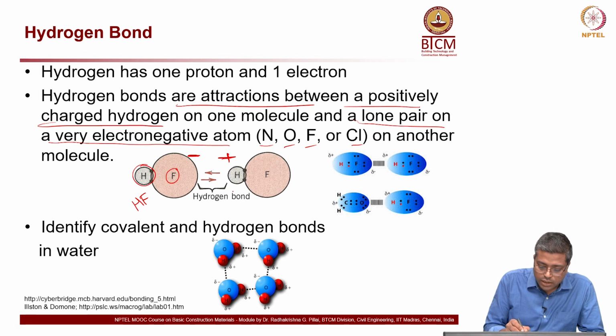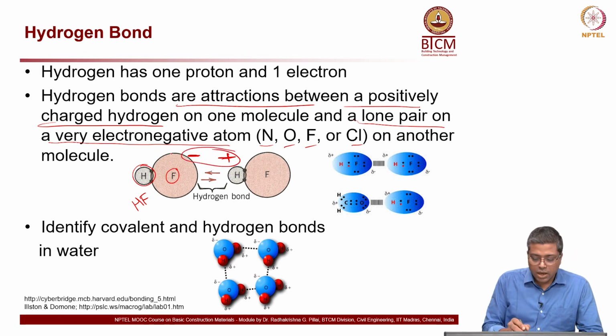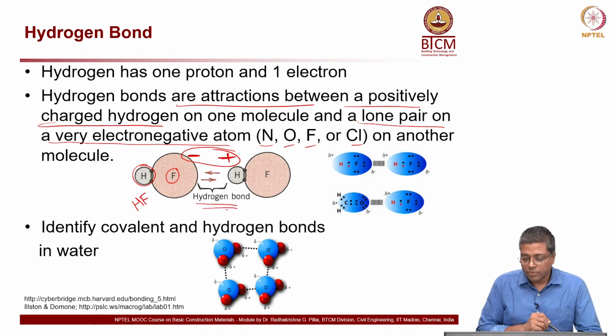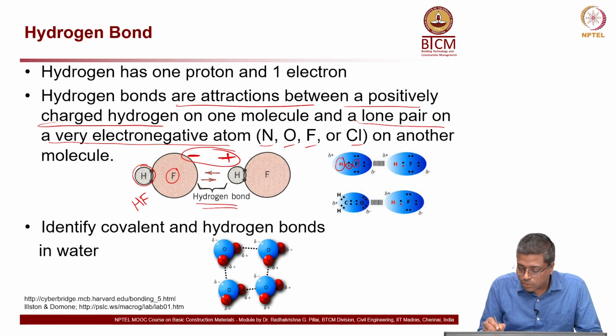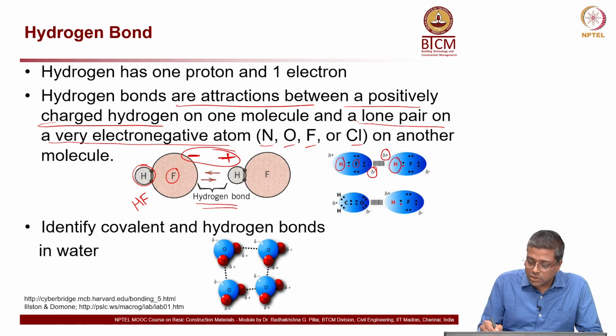So, because of that, there is an interaction between these negative and positive charges, and that is what a hydrogen bond is. For more clarity, you can see a similar example, hydrogen and fluorine, where you have more negative charge here, and because of the hydrogen on the left side, you have more positive charge there, and because of this delta minus and delta plus, you have this hydrogen bond forming right here.